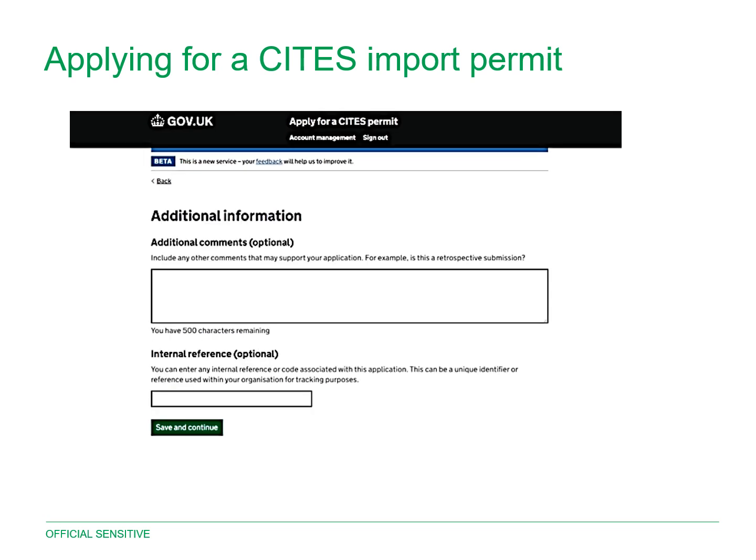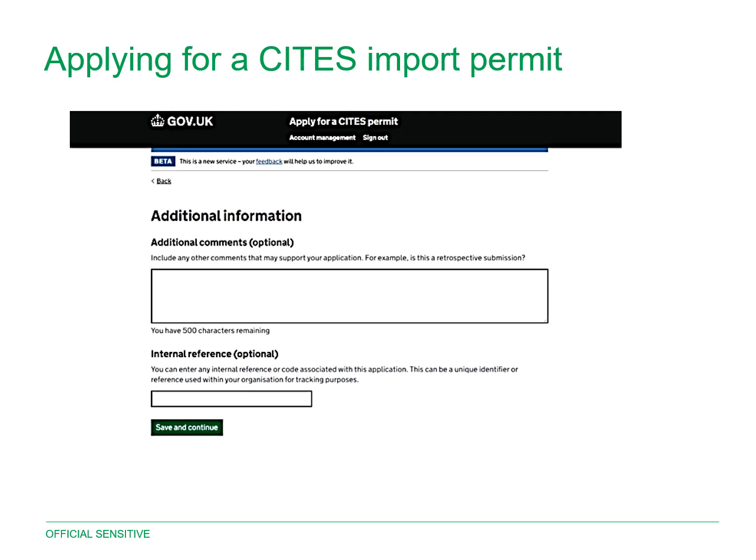The service will then invite you to enter any additional information that may support your application. For example, is this a retrospective application? It is sometimes helpful to the CITES team if you provide information on, for example, parent bird, closed ring and Article 10 numbers if applying for offspring, or details of when and how you acquired an antique item you are applying for in this box.